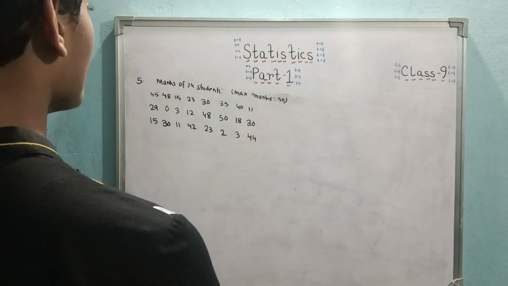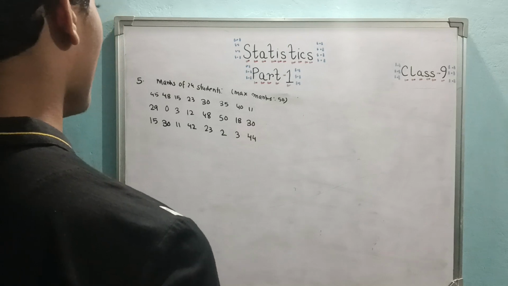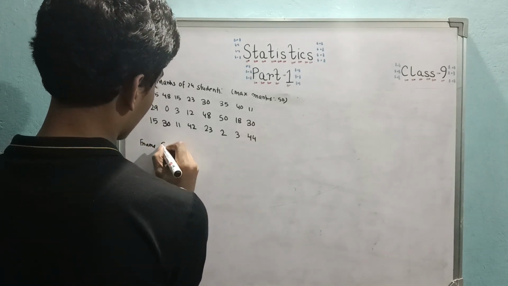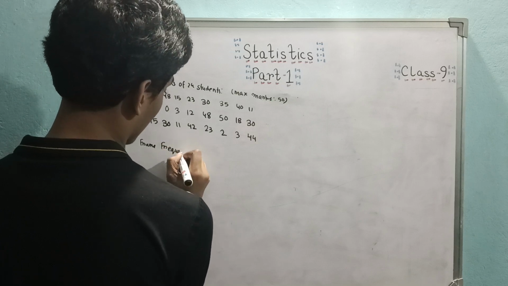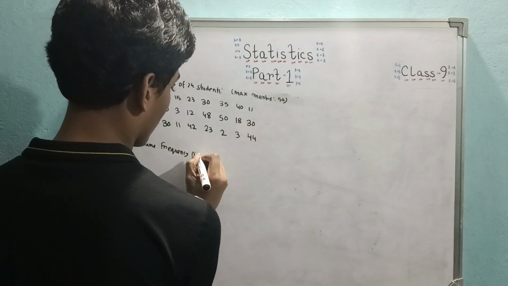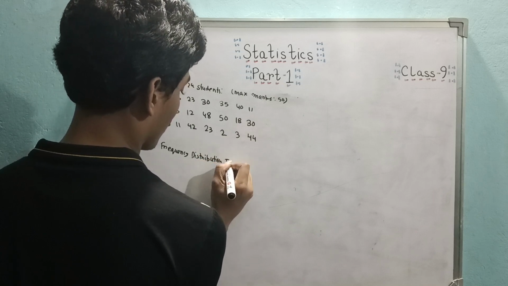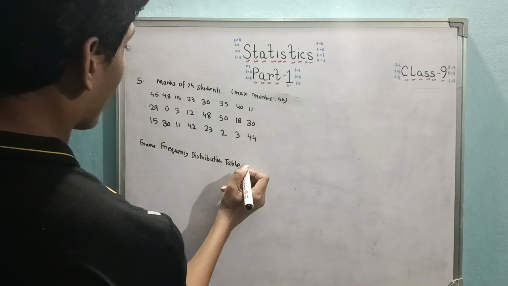Suppose these are the marks of the students and you have been told to frame a frequency distribution table. So what is the format of a frequency distribution table?